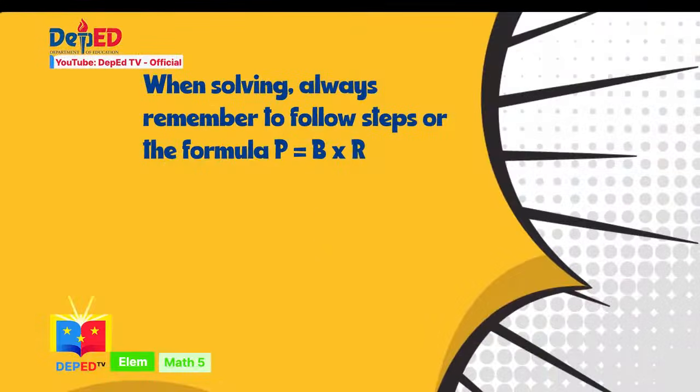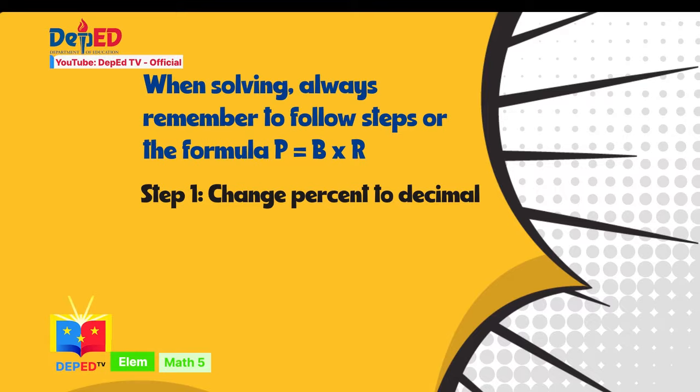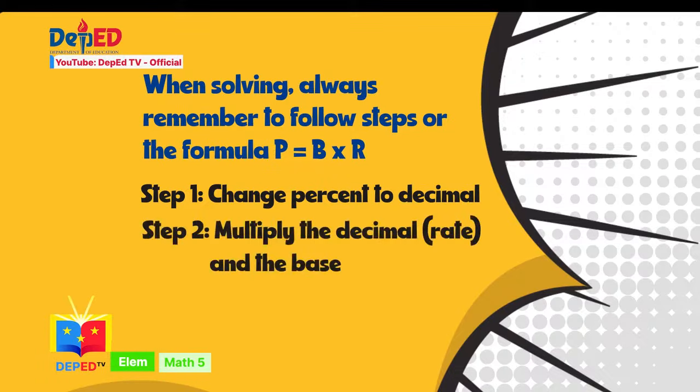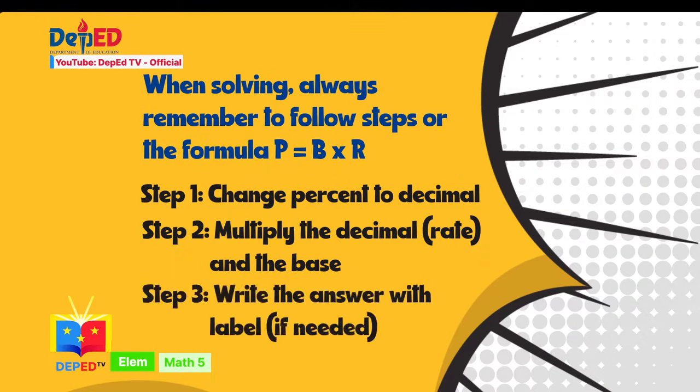When solving, always remember to follow steps or the formula. P is equal to B times R. Step 1. Change percent to decimal. Step 2. Multiply the decimal and the base. Step number 3.